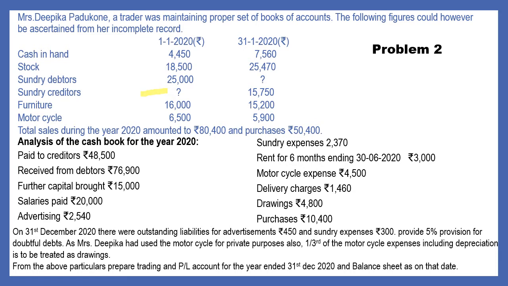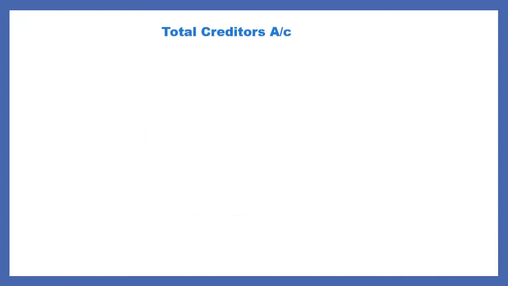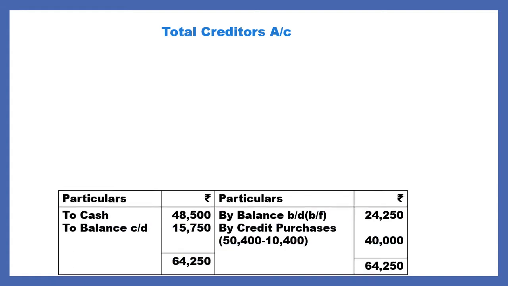After that, we have to prepare the cash book. After that we can prepare the sundry debtors account because sundry debtors closing balance is not given. Okay, so after finishing these four statements we can go for the preparation of trading profit and loss account and balance sheet. So let us move into the preparation of the first ledger account, that is total creditors account.